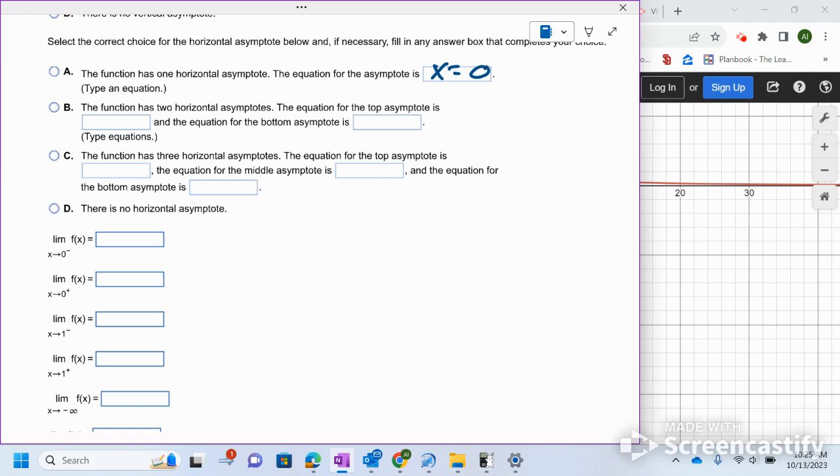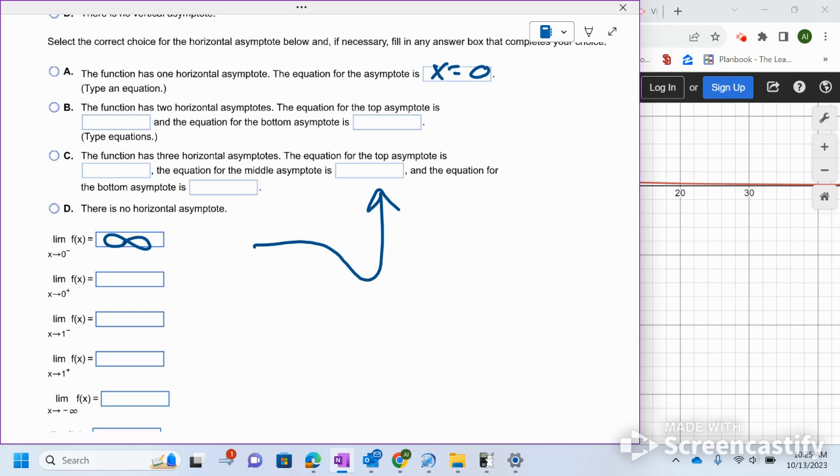So, as we're going towards 0 from the left, remember, it went like this and then like this. So where is it going? It's going towards infinity.